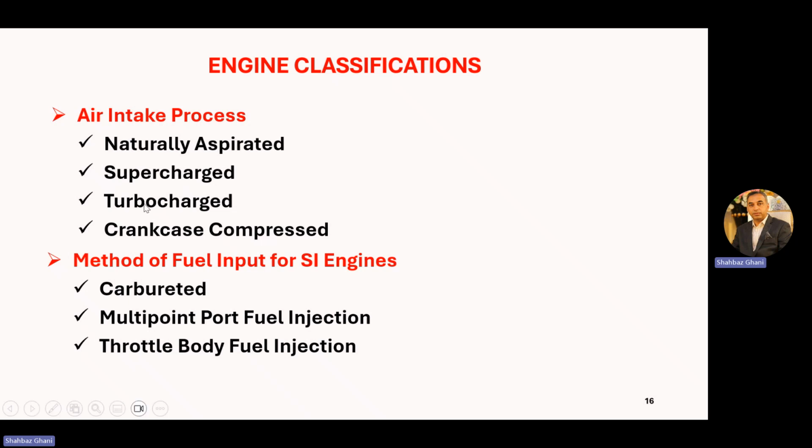Now, another type is the turbocharged engine, with a turbocharger or turbine. On the exhaust side, near the exhaust manifold, we place a turbine or turbocharger.